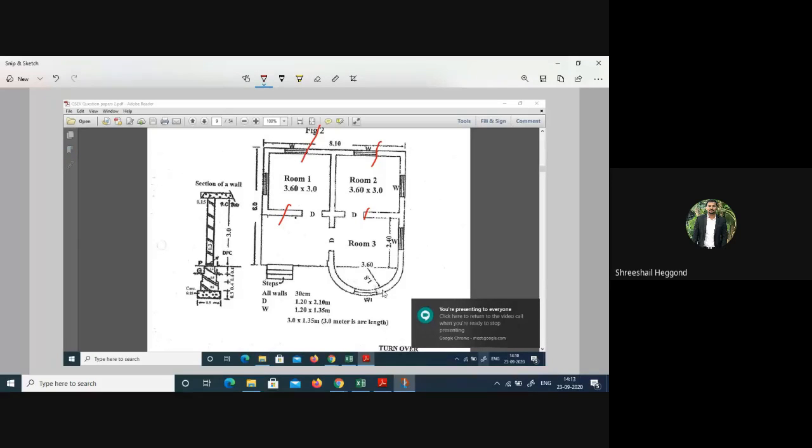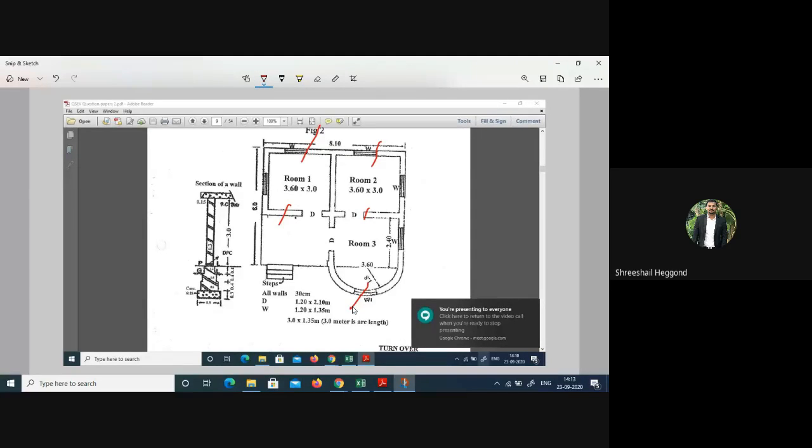Now we'll be considering this wall, that is the semicircle wall, and the length of the semicircle will be pi r. The perimeter of a circle is 2 pi r, but here we have only half, therefore it will be pi r.